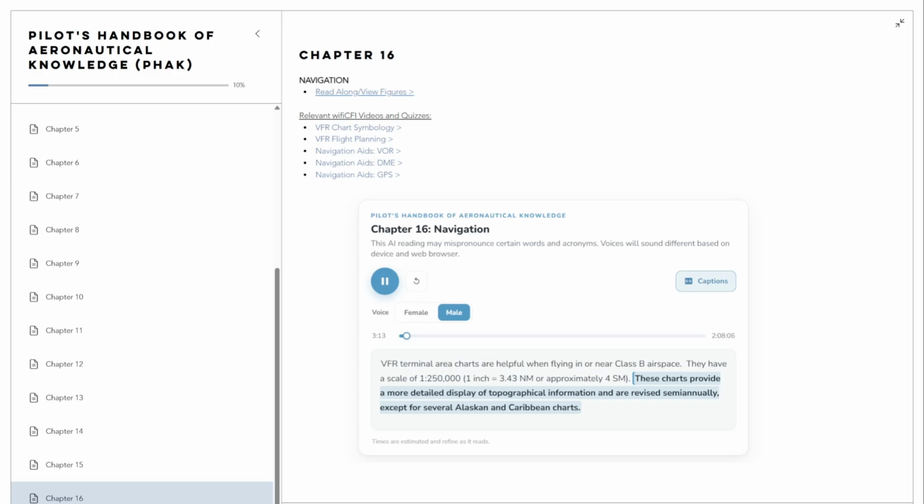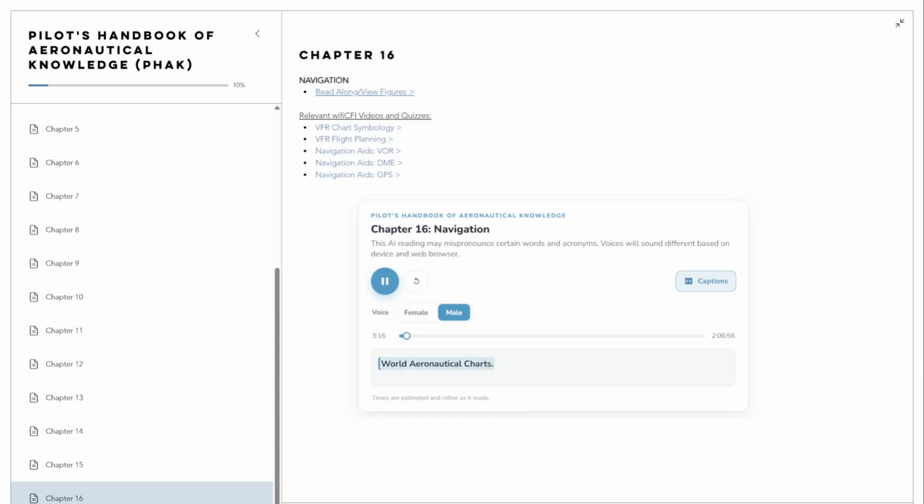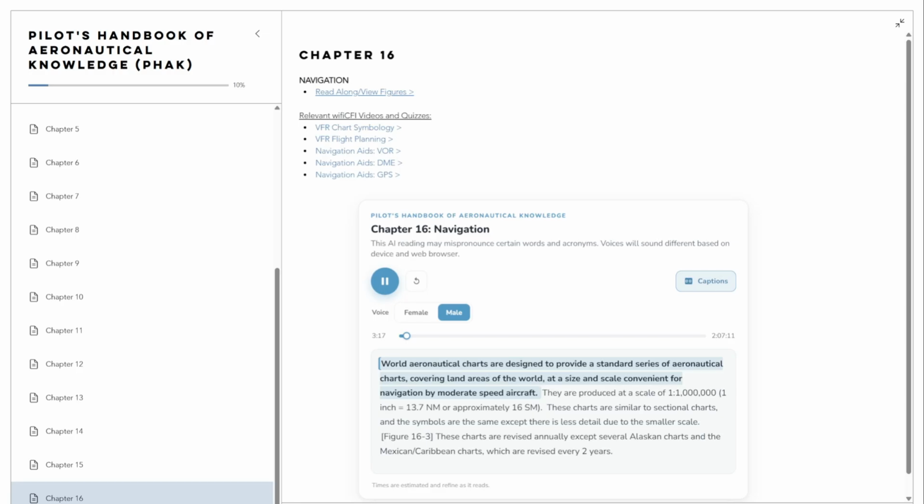World Aeronautical Charts. World Aeronautical Charts are designed to provide a standard series of aeronautical charts, covering land areas of the world, at a size and scale convenient for navigation by moderate-speed aircraft. They are produced at a scale of 1 to 1 million, 1 inch equals 13.7 nautical miles or approximately 16 sm.